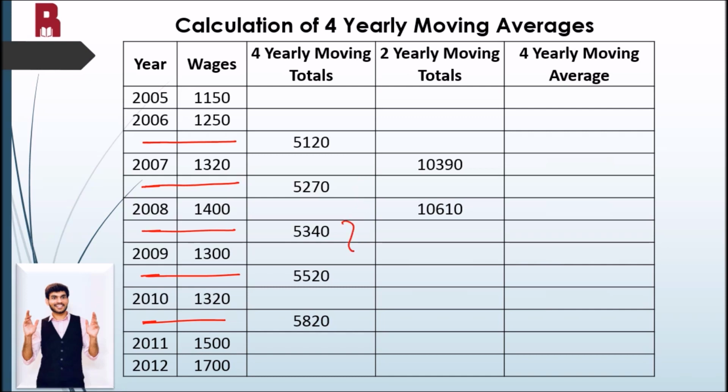Moving further, 5340 plus 5520, the total is 10,860. And the last 2, that is 5520 plus 5820, the total is 11,340.